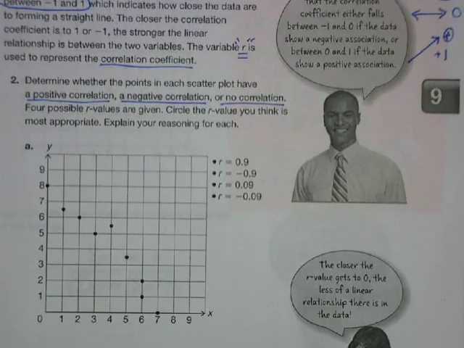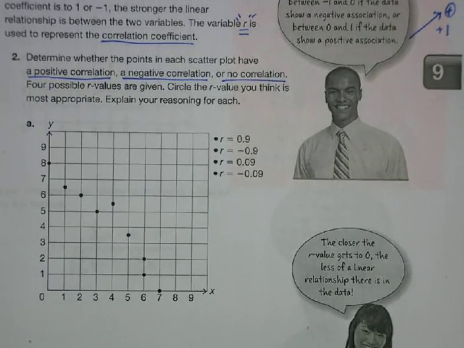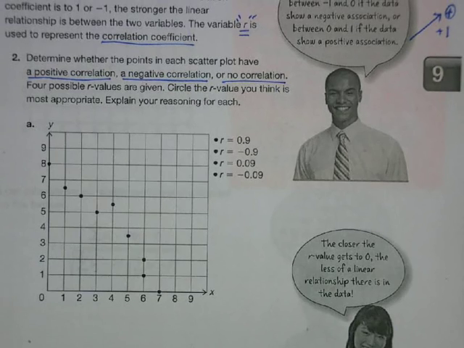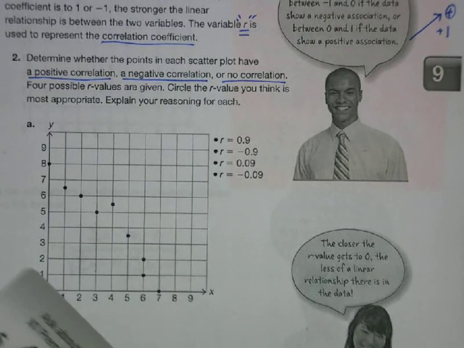Okay, so we can see right off the bat, if we were to try and draw a line through these pieces of data, we could get a line going maybe something like this, just going like that. And we've got a negative correlation. We see it's fairly obvious. It's not something we have to guess on.